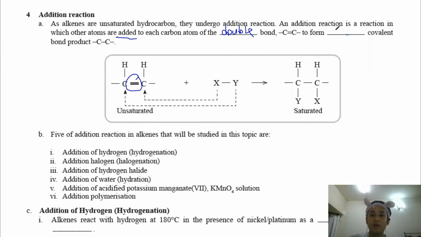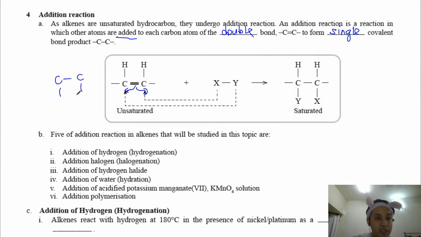To form single covalent bonds. The reason why we call alkene unsaturated is because if you look at the double bond here, we can break the double bond. When you break the double bond, you produce something like this.